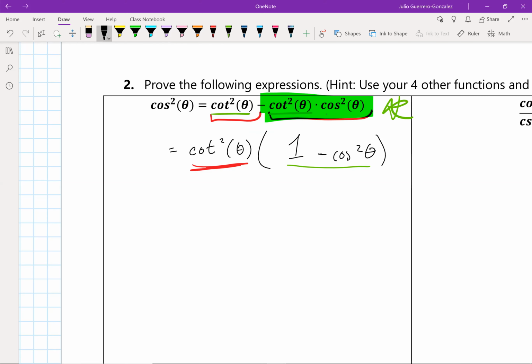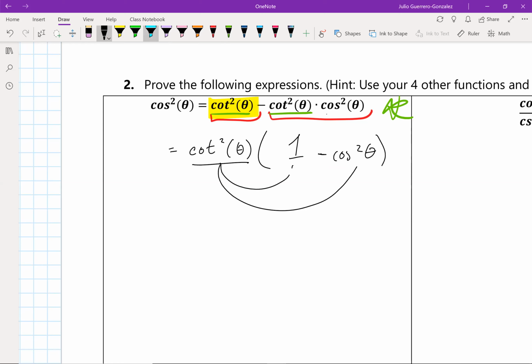No. So look what happened. If I do cotangent times 1, that gets me cotangent. And then cotangent squared times negative cosine squared gets me cotangent squared cosine squared.